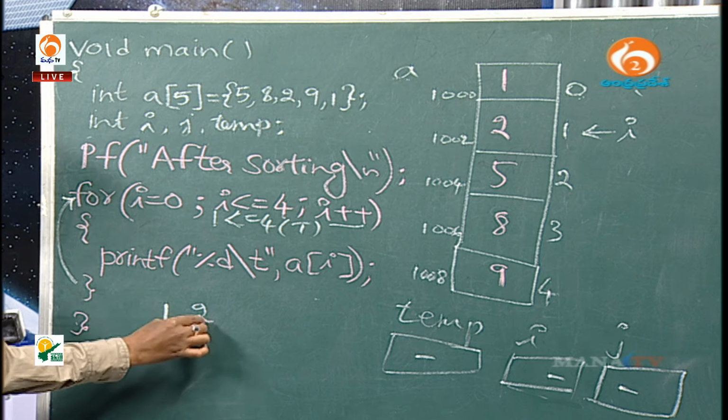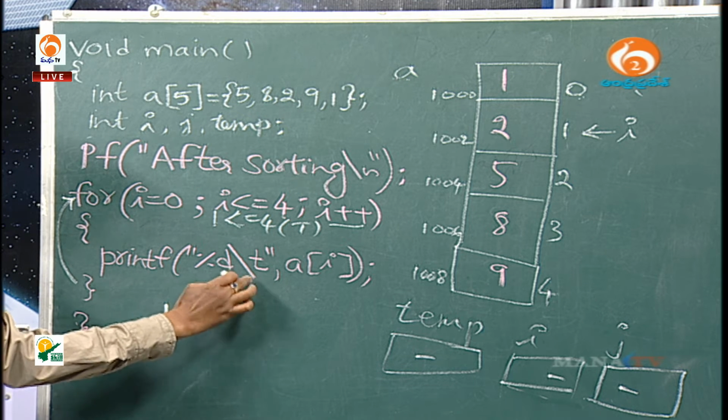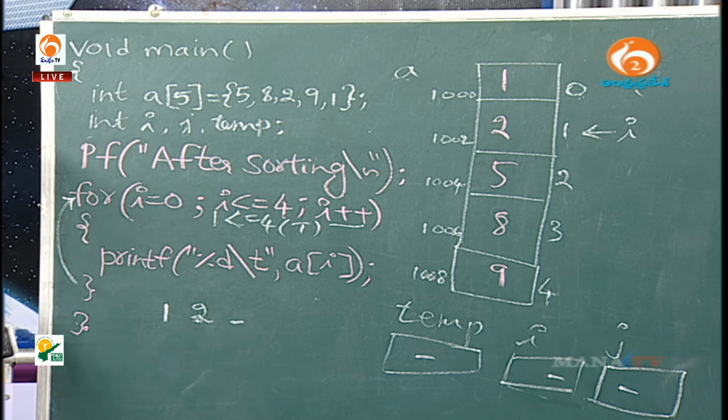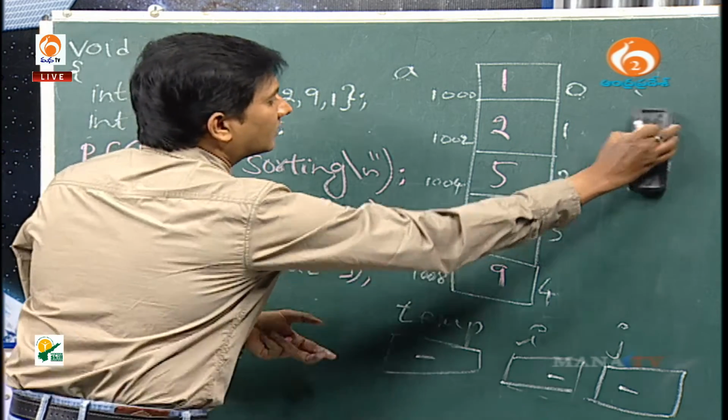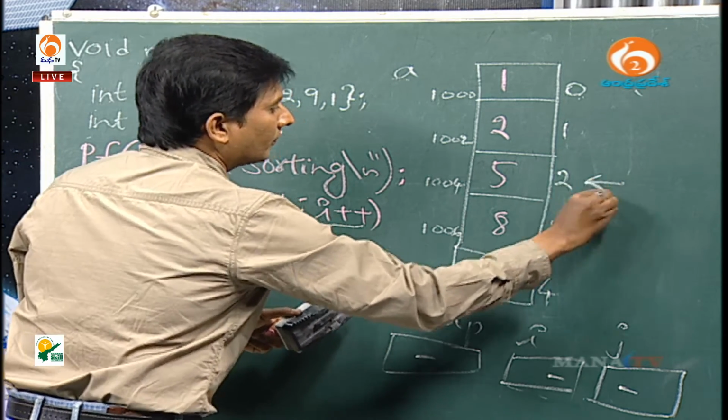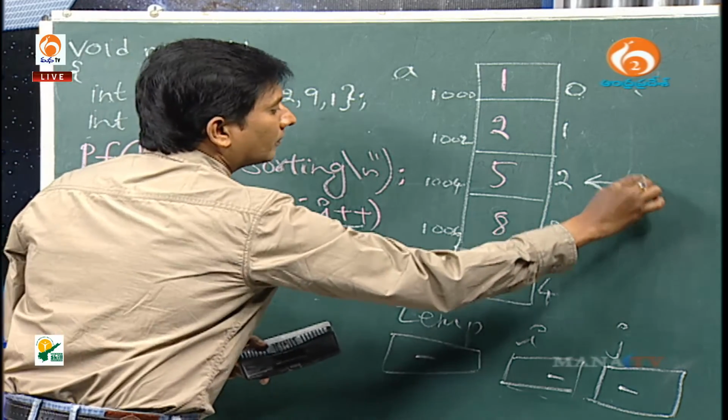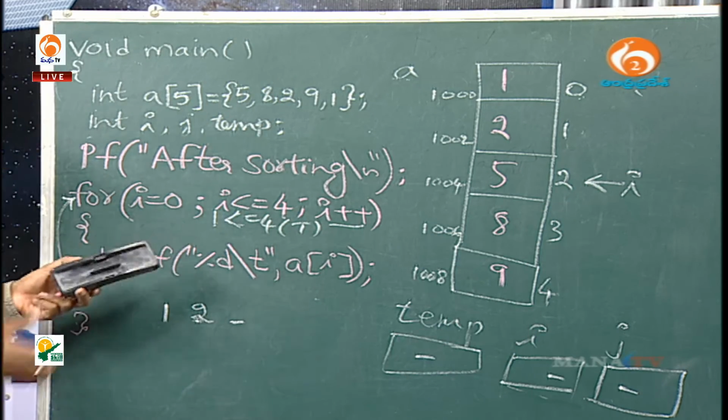After printing this element, \t gives a space. Okay. Next iteration, I plus plus. Now I is 2.